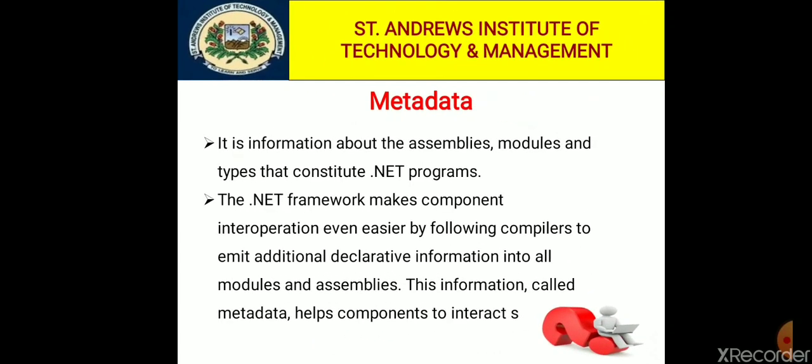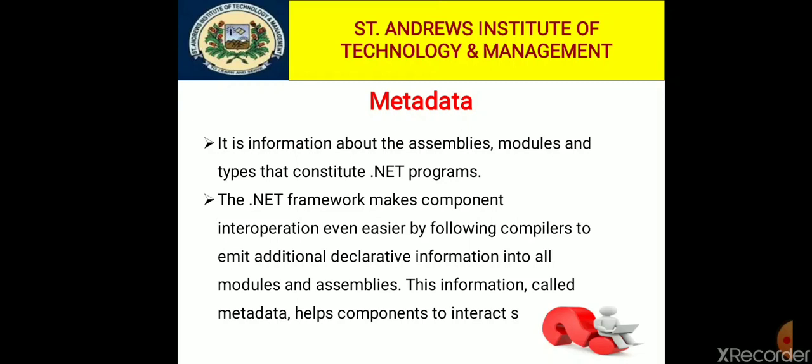So the next topic is metadata. What is metadata? It is information about the assemblies, modules and types that constitute .NET programs. Basically it is a collection of information about the assemblies, the manifest, the modules and so on.